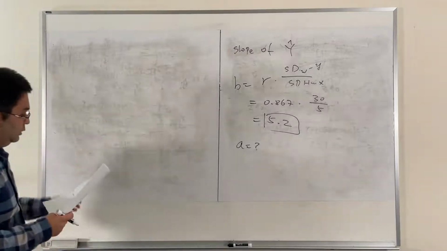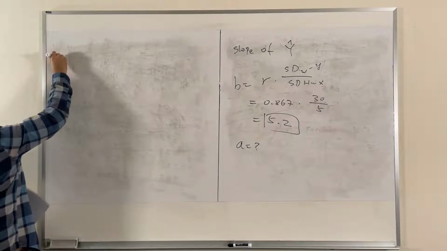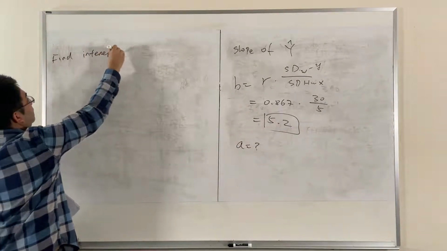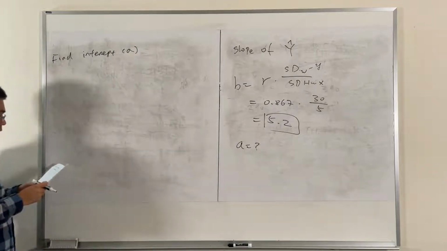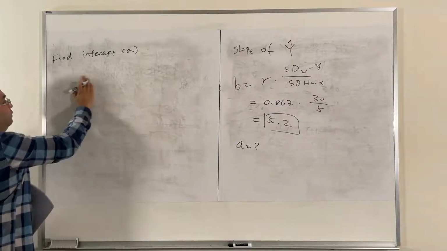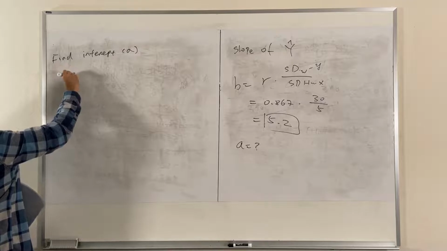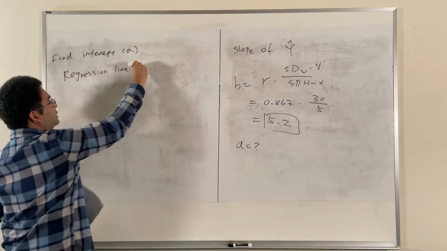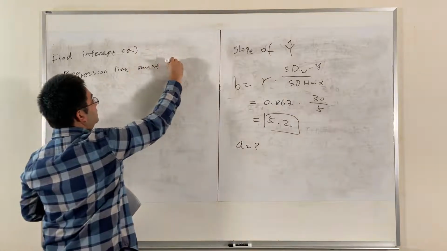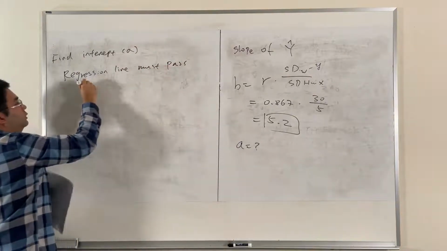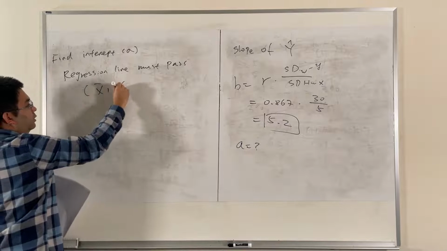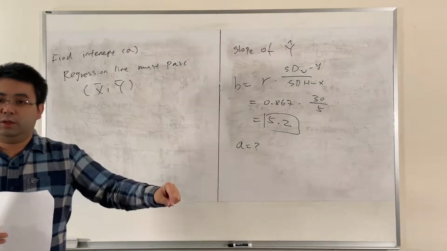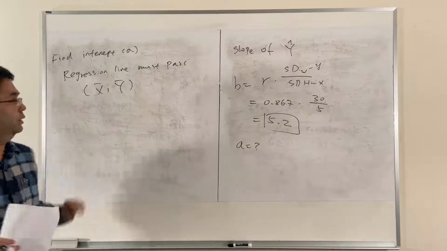Okay, so find our intercept, which is a, right? Intercept. So one fact is that the regression line must pass through x bar and y bar, right? So the regression line must pass through the average point, x bar and y bar.